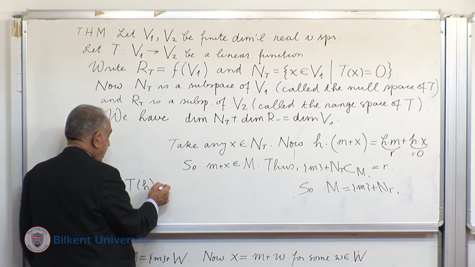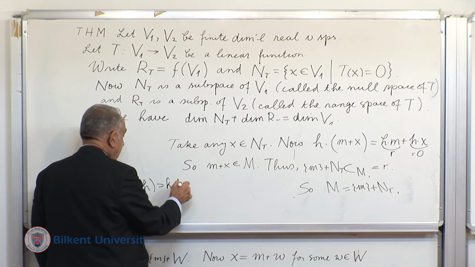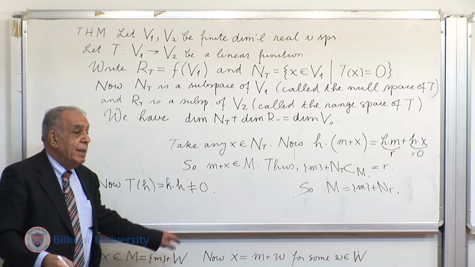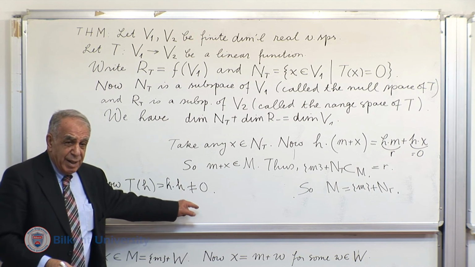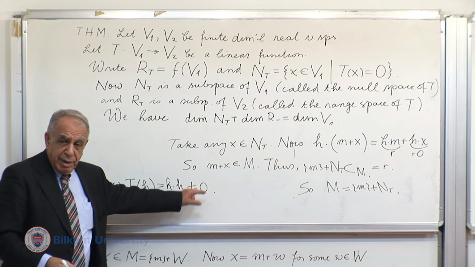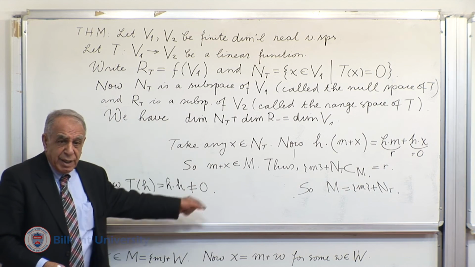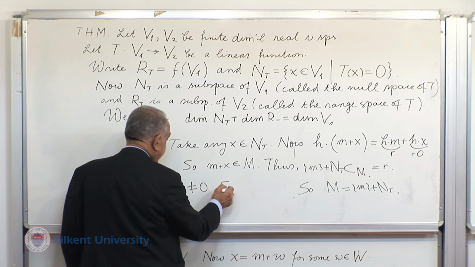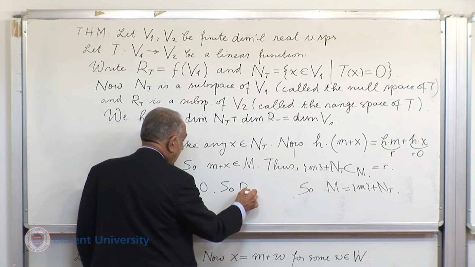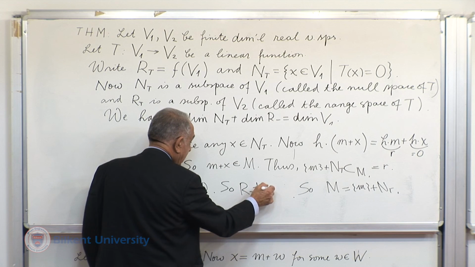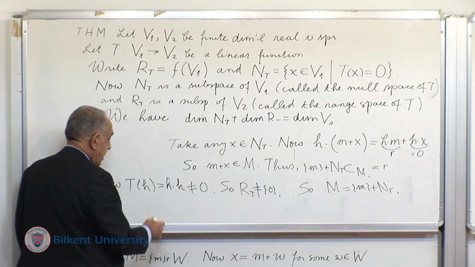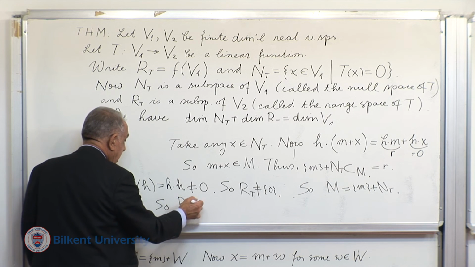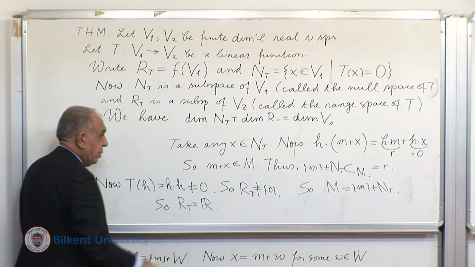This is h dot h, but that's different than 0, by an inner product property again. Even if it were not the usual inner product, this would hold. So, R sub T is not this. So, R sub T is equal to R.